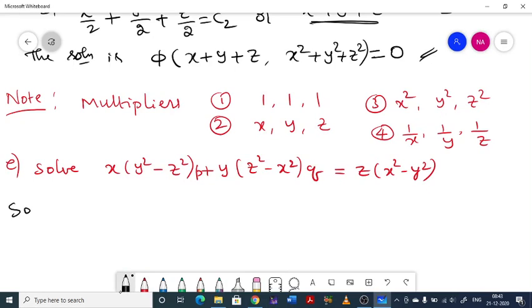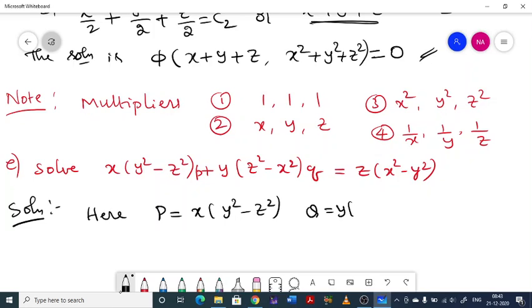Solution. So here I'll write directly P, Q, R. Here P equal to x into y square minus z square, Q is y into z square minus x square, R is z into x square minus y square.